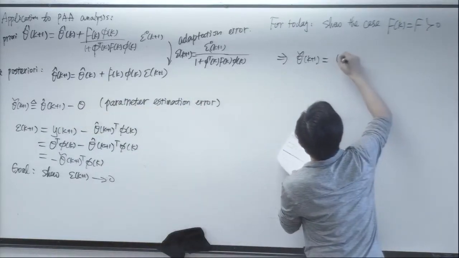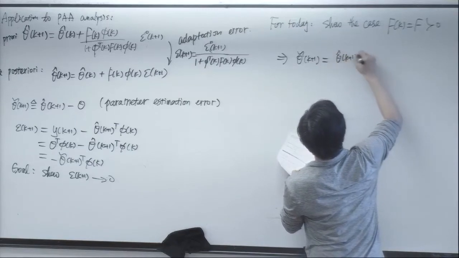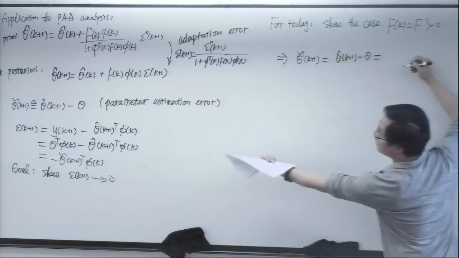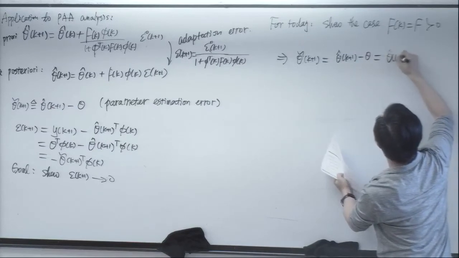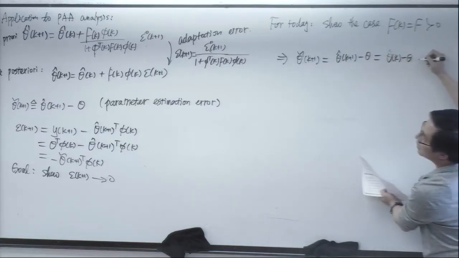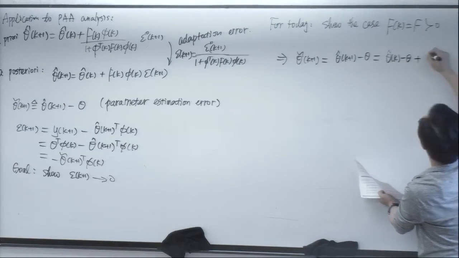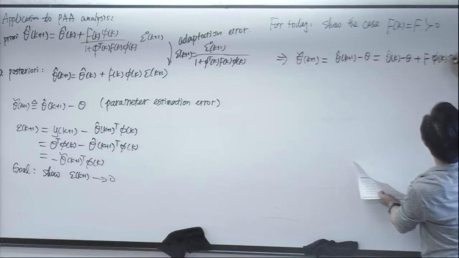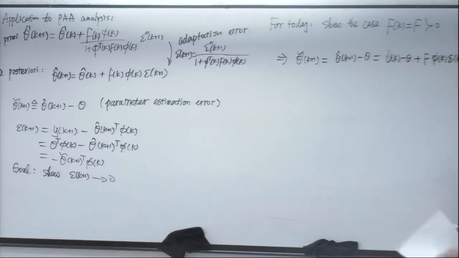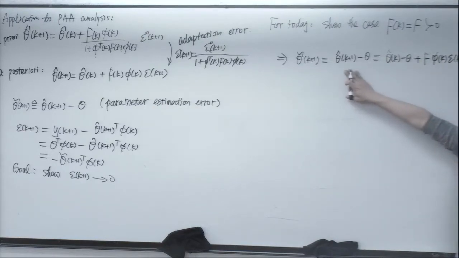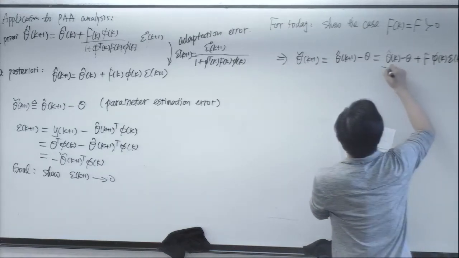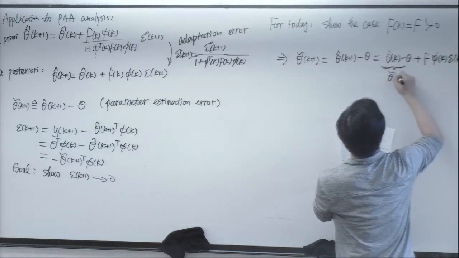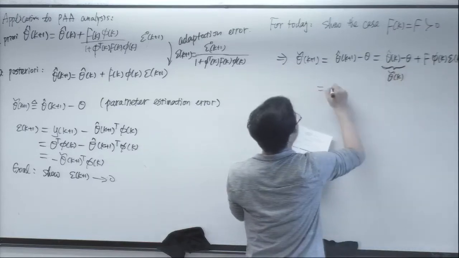So theta tilde is theta hat minus theta, and it equals theta hat k minus theta plus f phi epsilon k plus 1. This is plugging in the adaptation algorithm of theta hat. So this is theta tilde k.